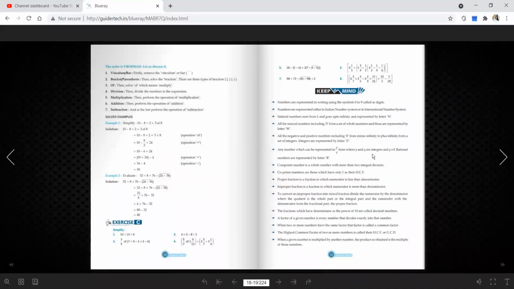Ma'am, that the fraction which has a denominator that is a power of 10 is called a decimal number. That is not numerator, that is denominator. Denominator, yes. Yes, I got it.